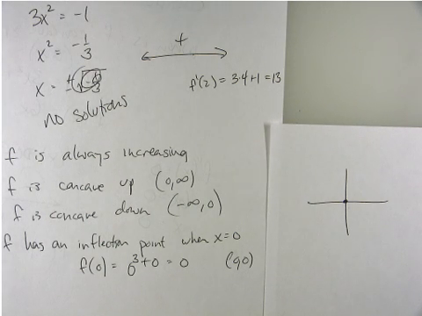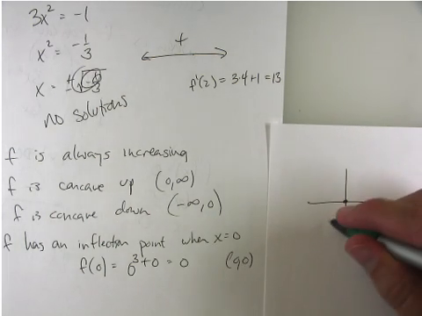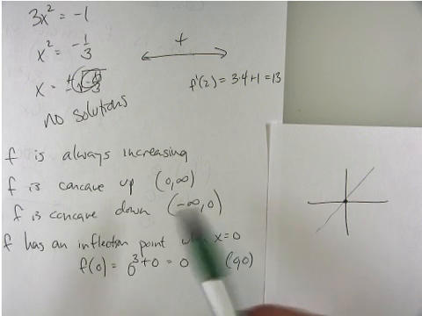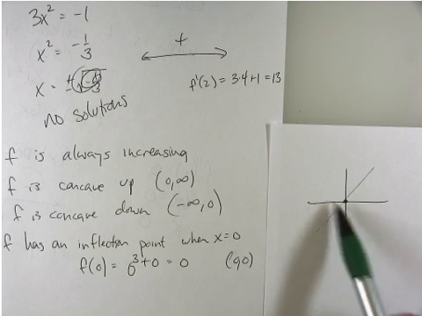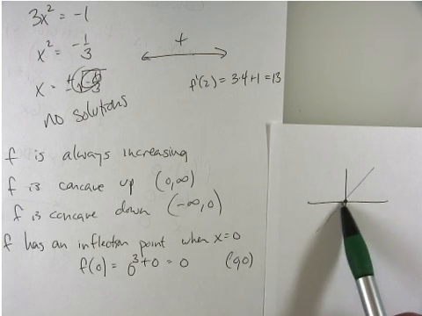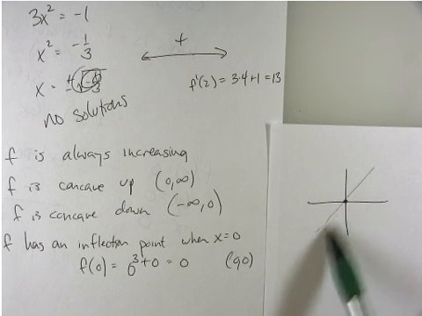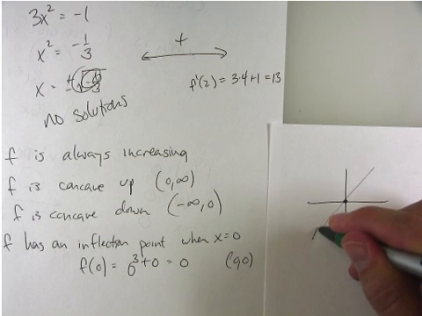And I know that the function is always increasing. So here it is, always getting bigger. And I know that between negative infinity and 0 on this window, it's concave down. And it's increasing. So it's going to kind of be bendy like this.